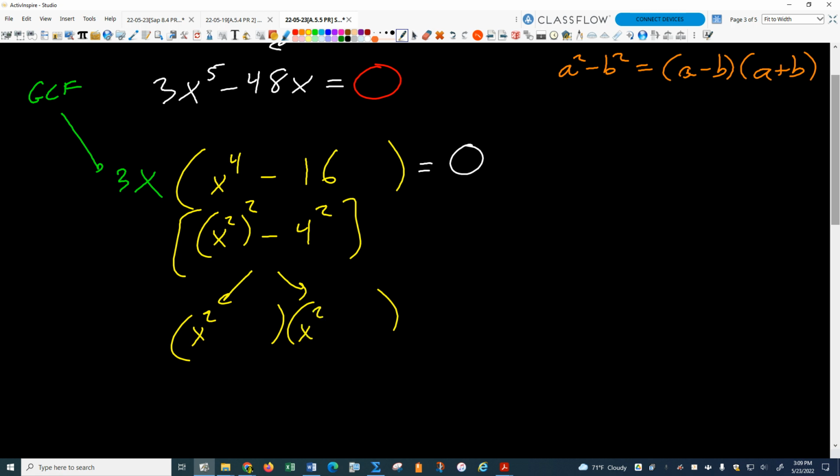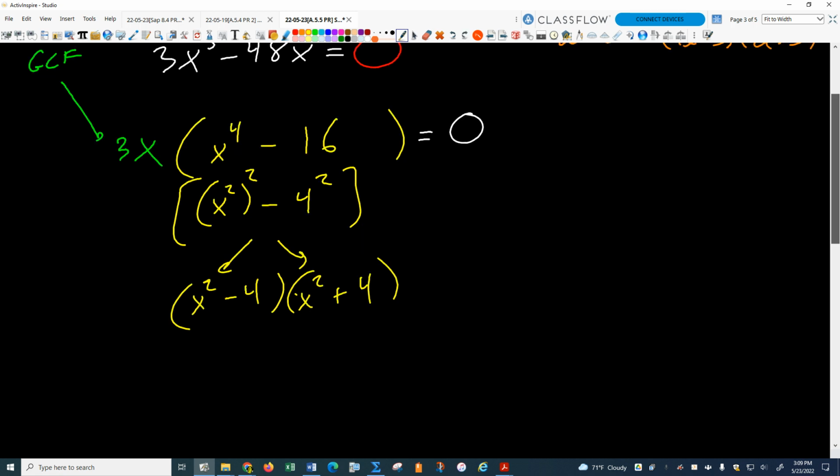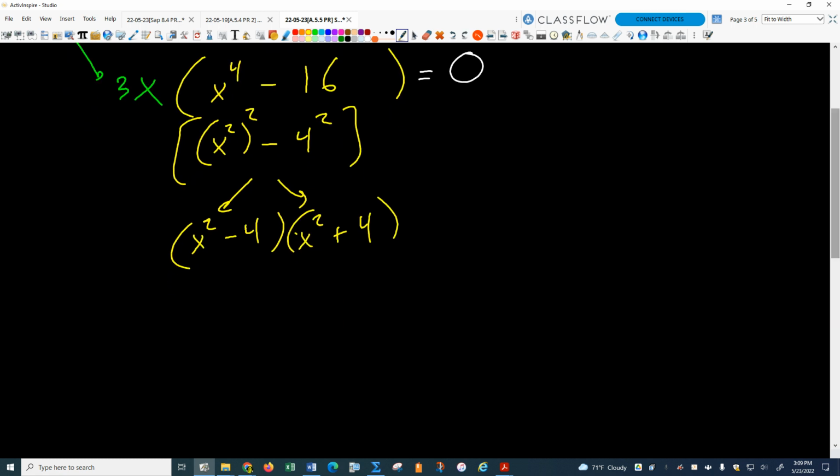Because that's what's being squared in my difference of squares. My a is x squared, okay? Minus, well, you tell me, what's going to happen here then? Minus 4, right? Because 4 is what's being squared. And plus 4. Yeah, there we go, okay? And then out front, we've got that 3x.